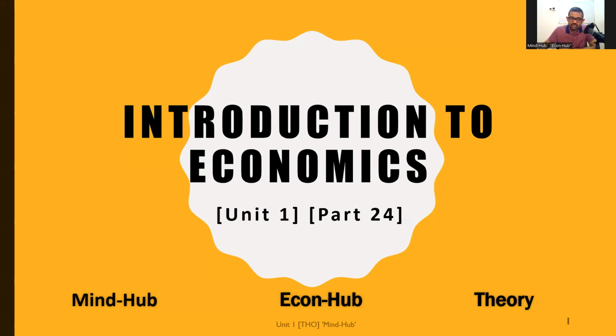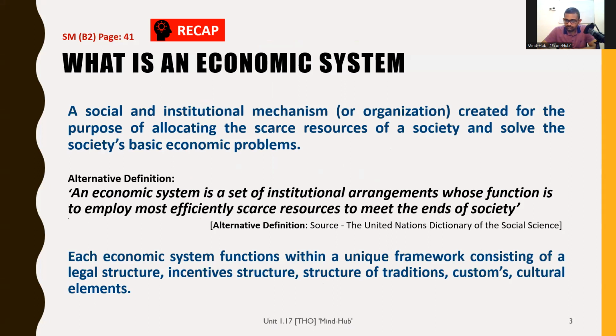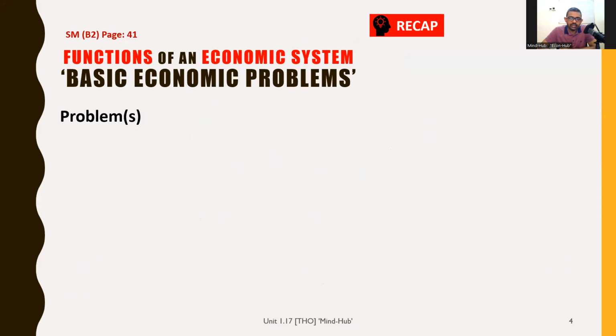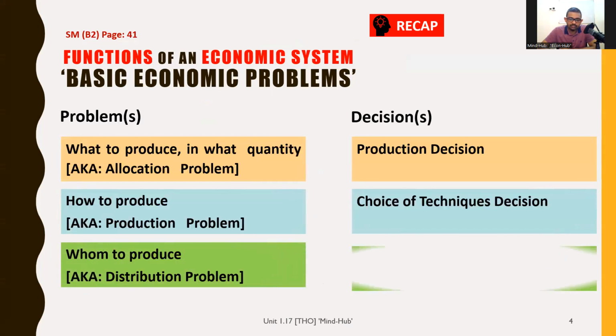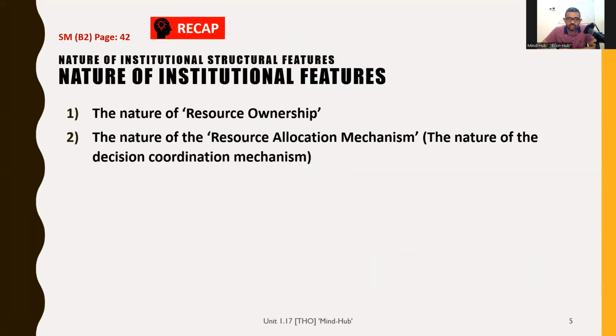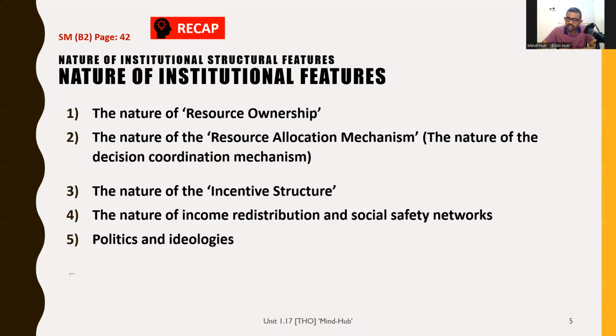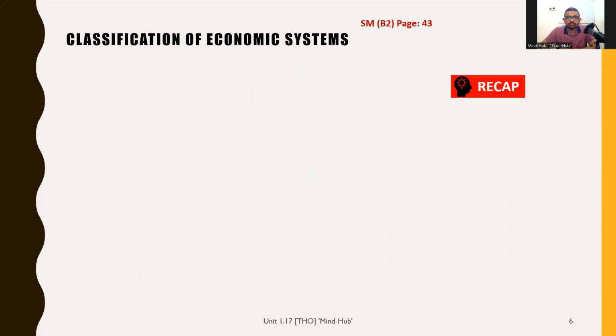Okay, so today it's basically 1.24. We are here, right? Okay. So this part we did. Then we identified the basic economic problems and decisions. Then we looked at the institutional features and filled a table, okay, with some important information.